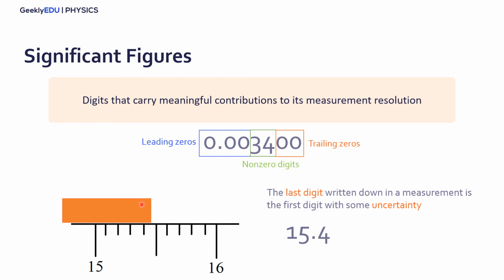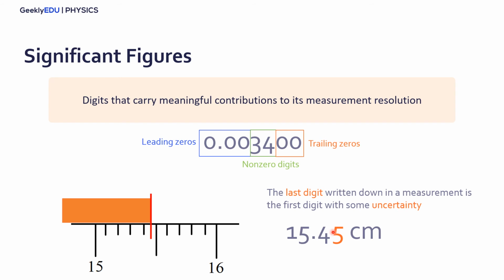But you see that it's actually in between the 4 and 5 in the scale, okay? So we can actually add a last digit for this measurement here. And because it's almost in the middle of 4 and 5, you can say it's 15.45 centimeters. So this last digit here is not certain, okay?